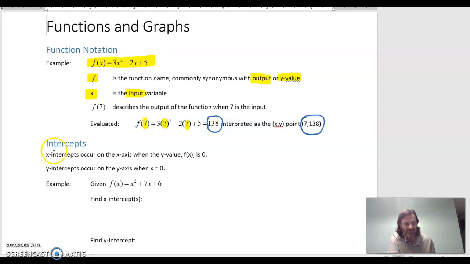The next topic for review real quick is intercepts. Intercepts can occur on any type of graph, but the main things to pick up here: x-intercepts are on the x-axis, and that's when the y value, which is f of x, is 0. And y-intercepts occur on the y-axis, and that's when x is 0. So really quick, if I drew a little graph over here, let me change colors a little bit.